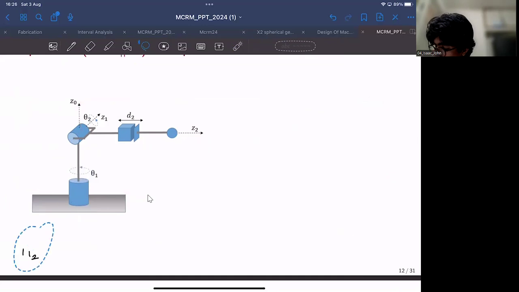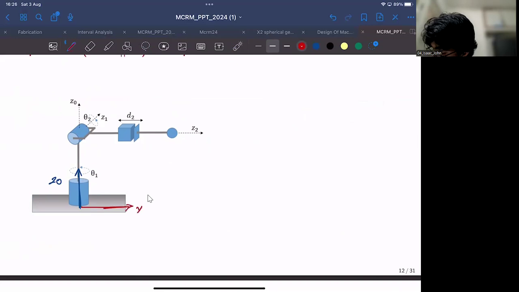I'll just quickly redraw that. So the 0th frame of reference will remain as it was originally. So this is Z0, this would be X0, just like earlier. Now I am bringing X1. I'm shifting X1 upward, like so. This will be Z1, X1 would be like this.